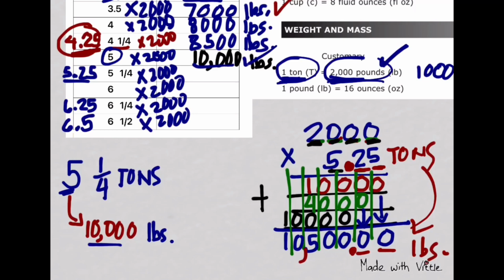Okay. Now, what about the 1/4 tons? It's not 1/2 anymore. It's not half of 2,000. Therefore, we're just gonna get 1/4 of 2,000, or we're gonna have to divide 2,000 by 4 parts to get that 1/4 of 2,000. It's no longer gonna be 1,000.